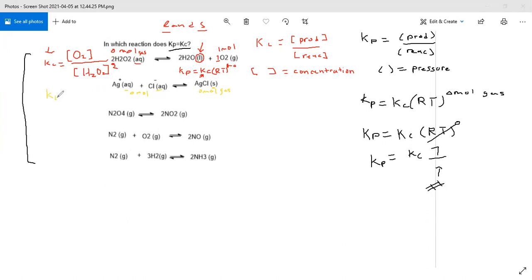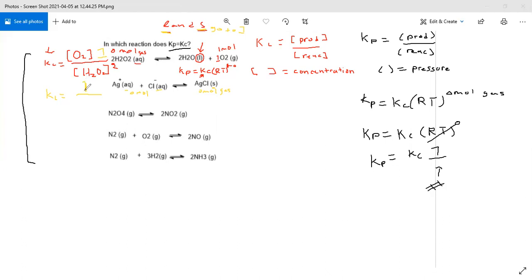So the Kc is going to be products over reactants, concentration of products over reactants. So like I said, liquids and solids, they do not show up. So in place of this AgCl, which would have gone on top if it was any other state, we put a 1 because they just turned into 1. There was also an invisible 1 here when I didn't include the H2O, but I didn't write it.